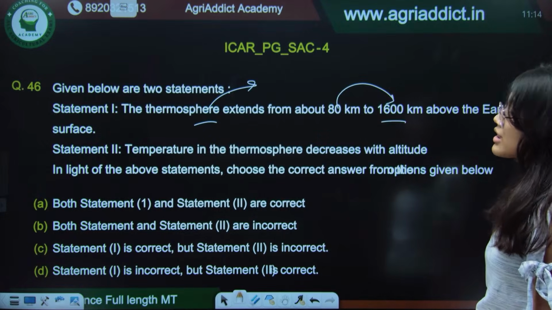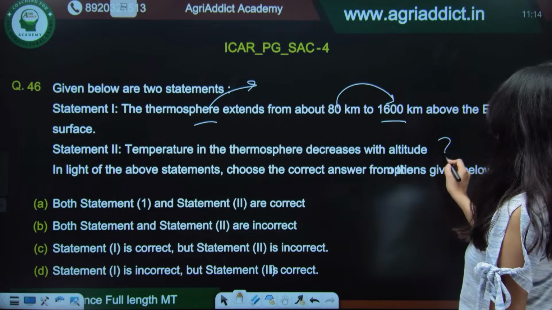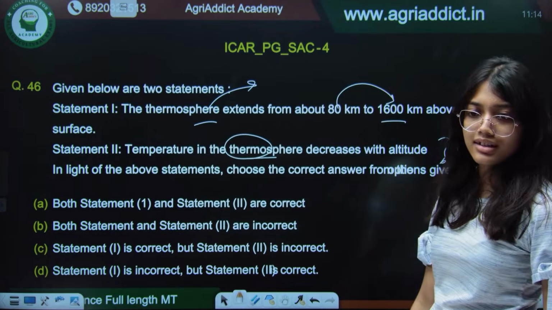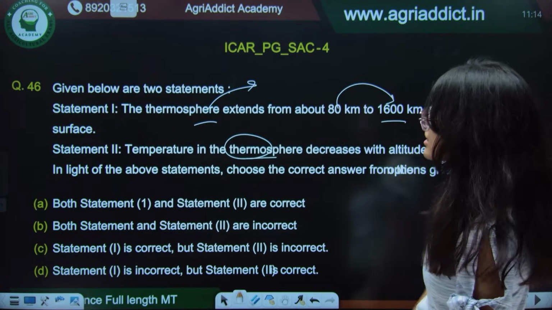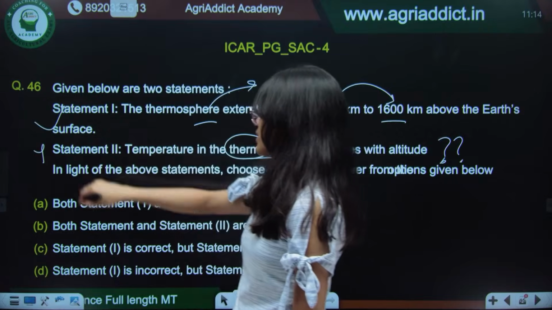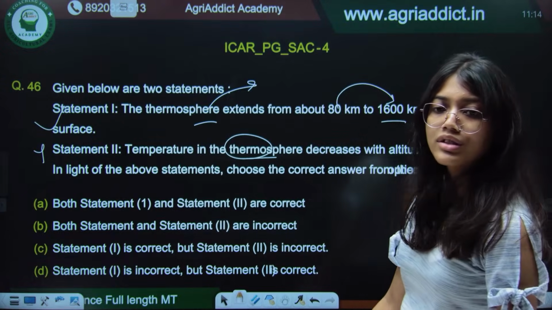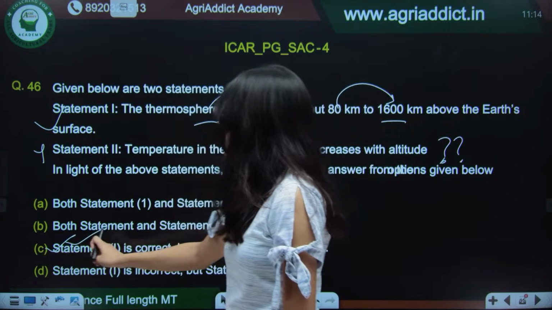The temperature in thermosphere will decrease with altitude, no? The name only suggests that thermosphere means there will be an increase in temperature with altitude. So statement 2 is wrong, but statement 1 is true. So option number C will be our correct answer.